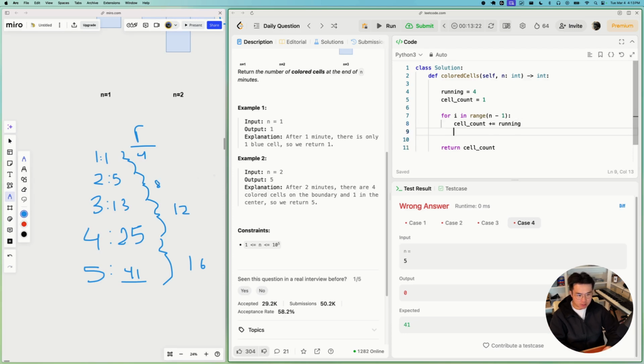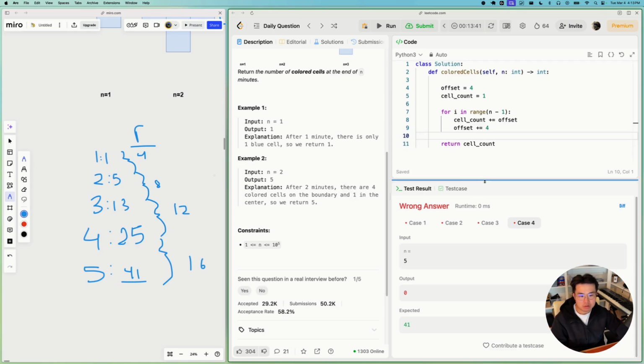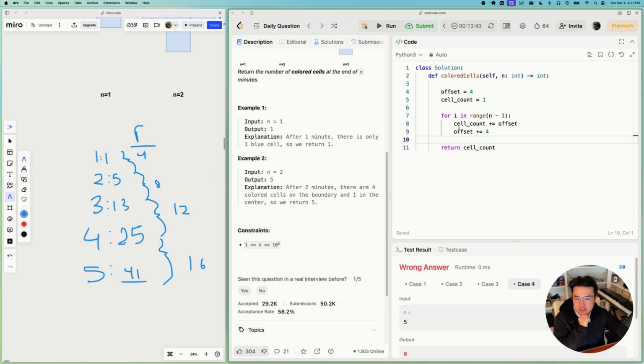So our running, which maybe I'm going to call some sort of offset, that offset plus equals 4. And then that's an offset right here. Then we just return the cell count. Okay, I think that's it.